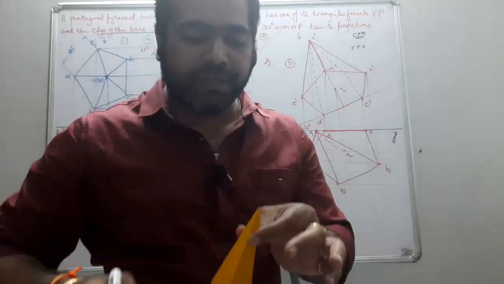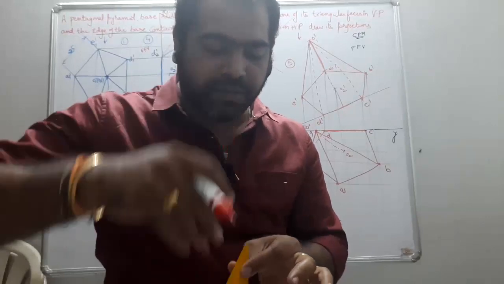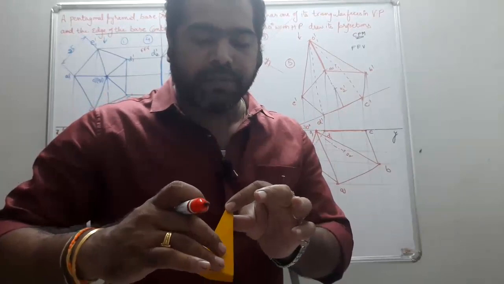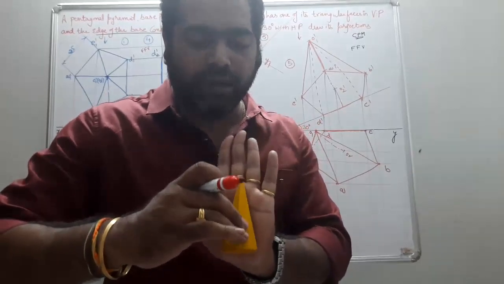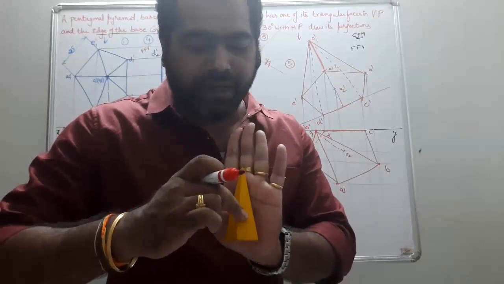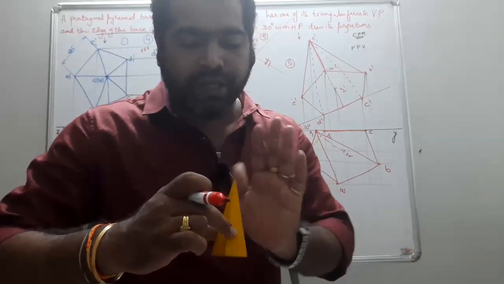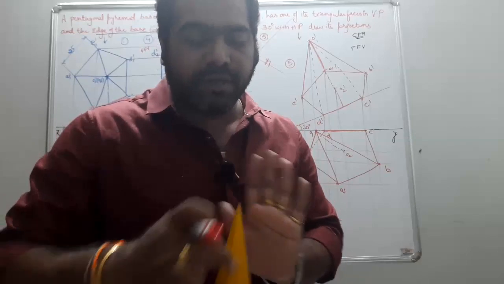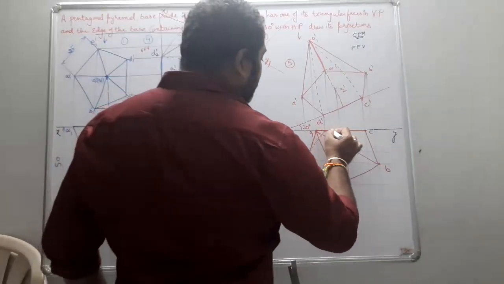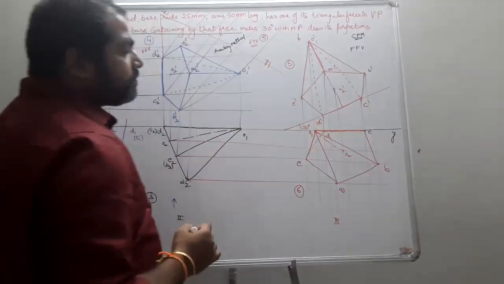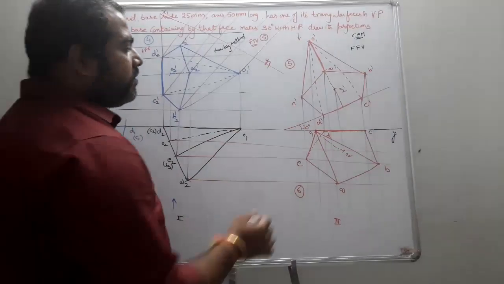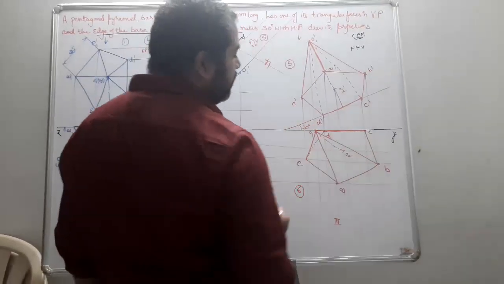If it is in this pattern, when I see from the top, only one of the triangular faces on VP is not visible, and all the remaining edges are going to be visible. So for that only, all are going to be my solid lines. For that only, I just join all the corners.